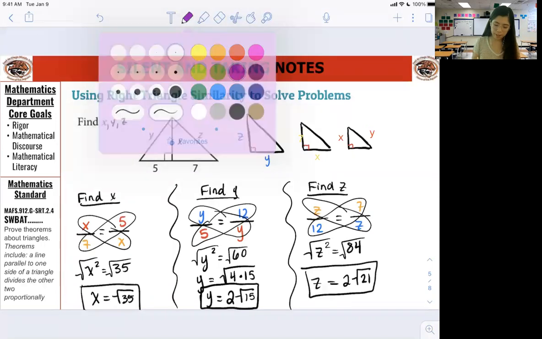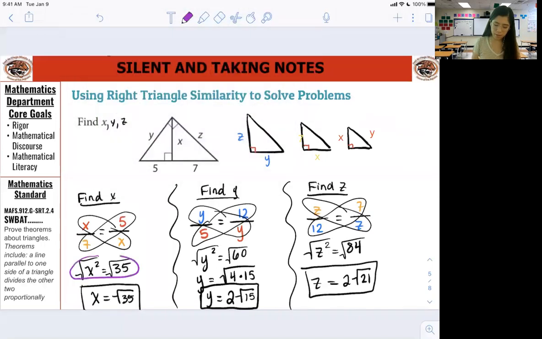When we were finding x, we had to do x squared equals 35, right? That's what we ended up with. Take a look at where that's located. Here's x. And where did we get 35? We got it from these two numbers, right? We did 5 times 7 is 35.